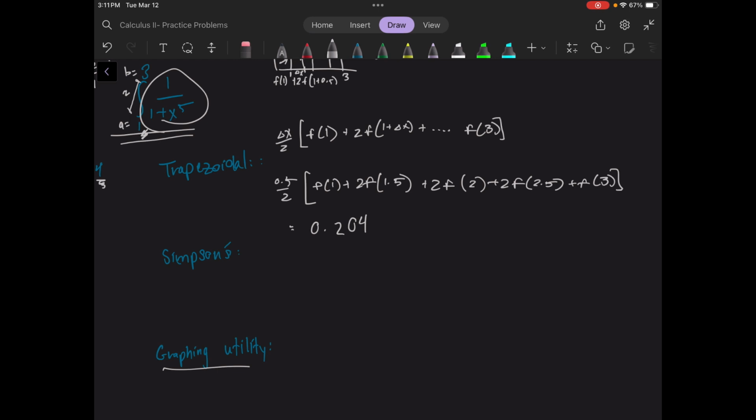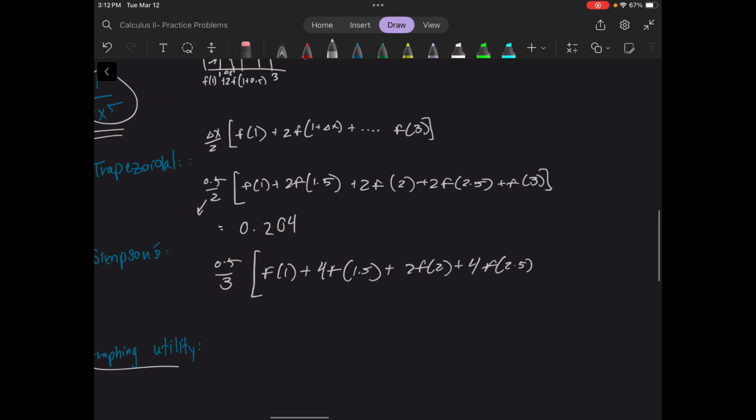But with Simpson's rule, the only thing that changes is that this 2 changes to a 3, and every other coefficient changes to a 4. So it's going to be 0.5 over 3 now, times f of 1 plus now 4f of 1.5 plus 2f of 2 plus now 4f of 2.5, and we're going to keep that f of 3.